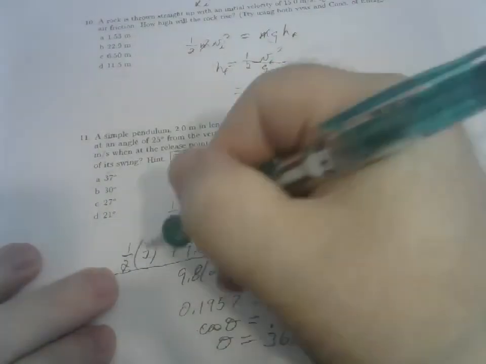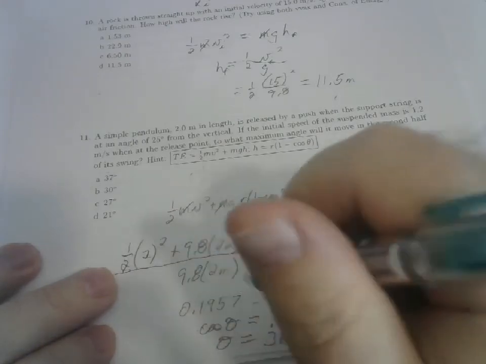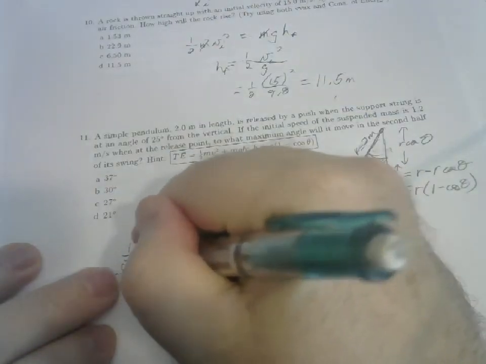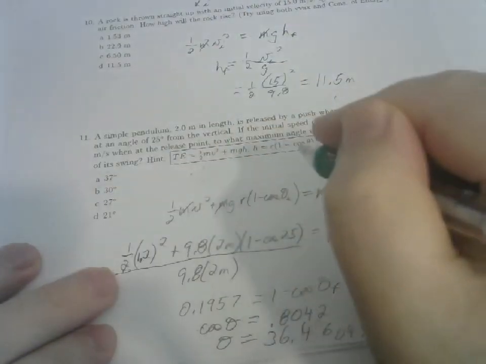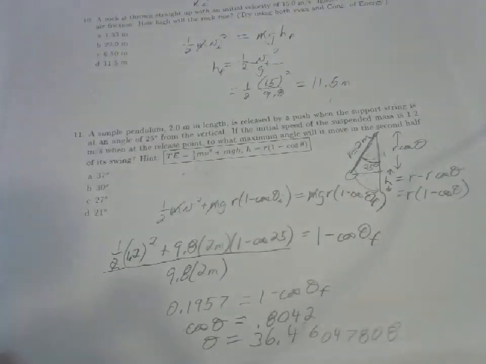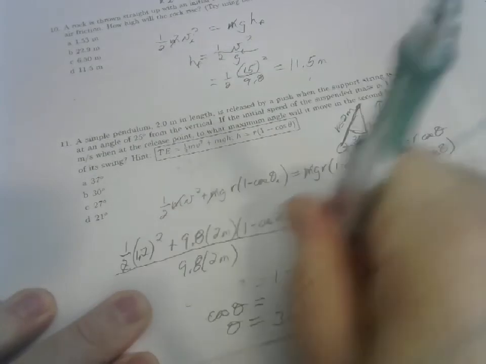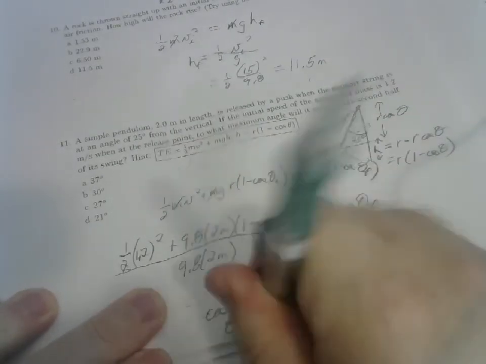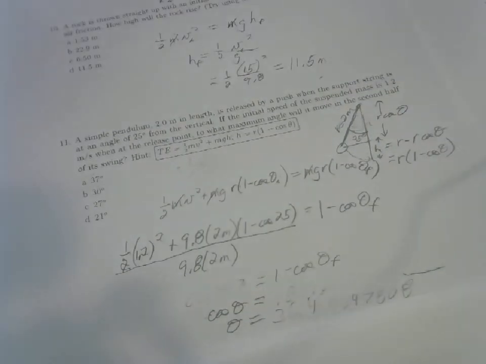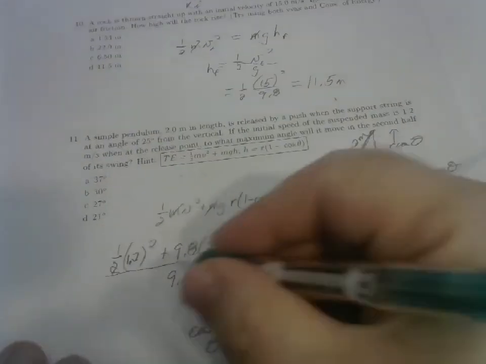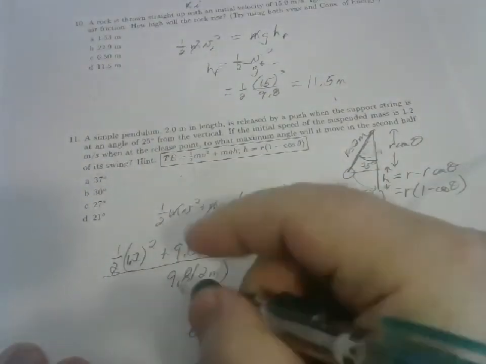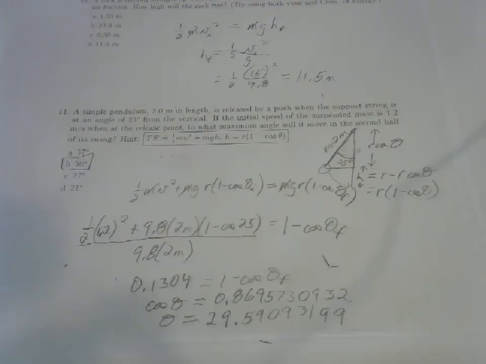What happened was, when I was doing 1/2 v squared, I put in 2 instead of 1.2. And when I do that, let's erase this, so this comes out to be 0.5. Okay, now I got it.